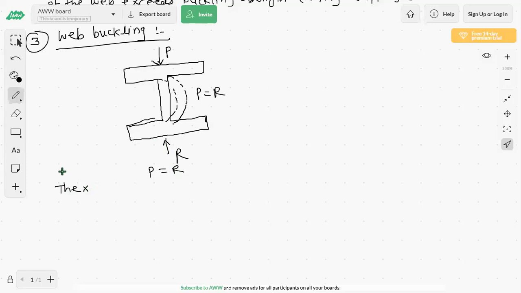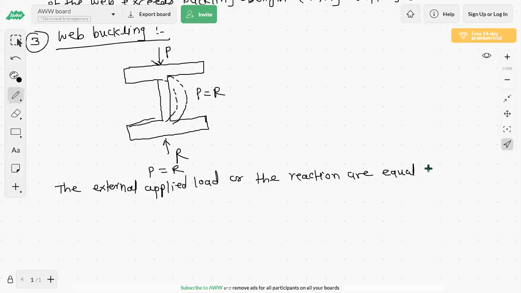The external applied load, or the reaction, are equal to the buckling strength for causing the web buckling.